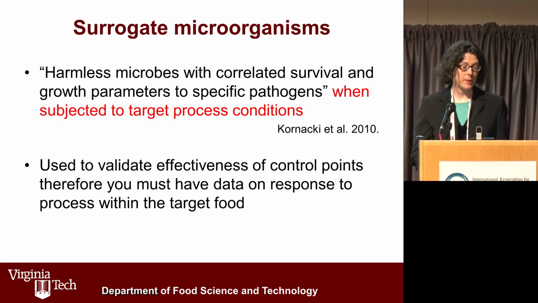So we really should be asking questions about the effectiveness of our control points: what are those control points, and are the surrogates as responsive to those control points as the pathogen of interest, and specifically within your target food as well.